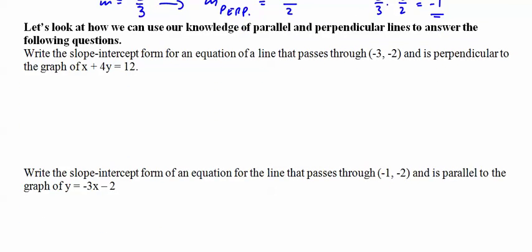So here's all the problems we write. Write the slope-intercept form for an equation of a line that passes through this point and is perpendicular to this. So the first thing we have to do is find the slope of this line. The best way to do it is to put it into slope-intercept form.